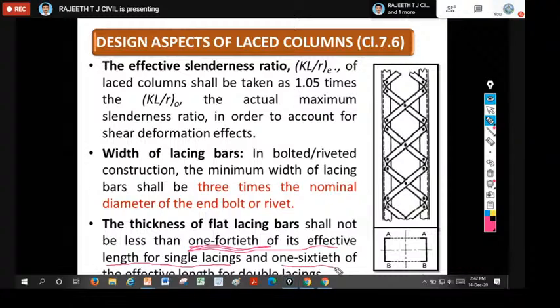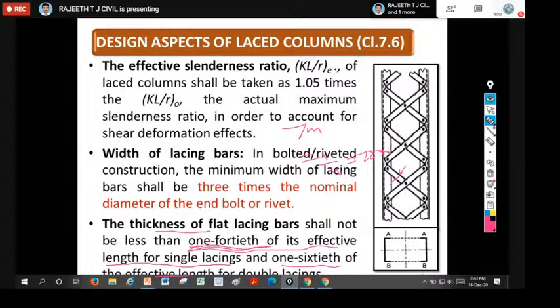Okay, for double lacing, 1/60th. Assume the effective length is 7 meters, then you should take the corresponding fraction of 7 meters. Whatever value you get is the thickness of the lacing bar you are supposed to choose.